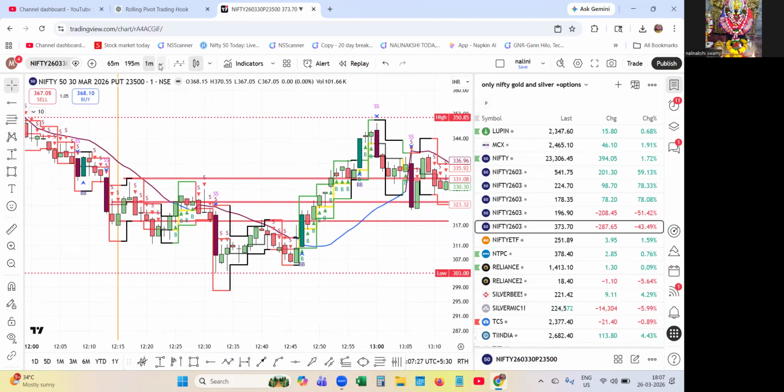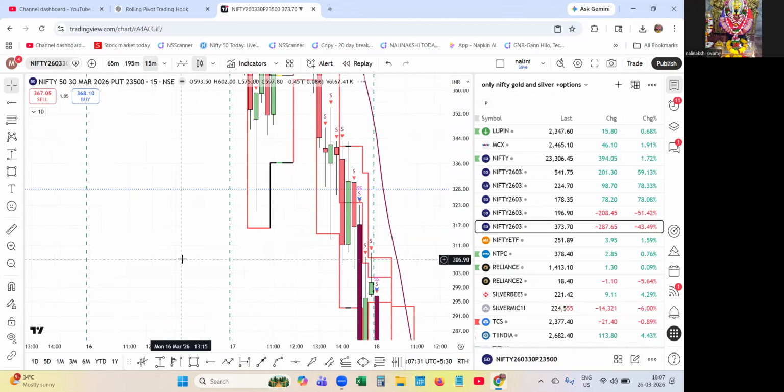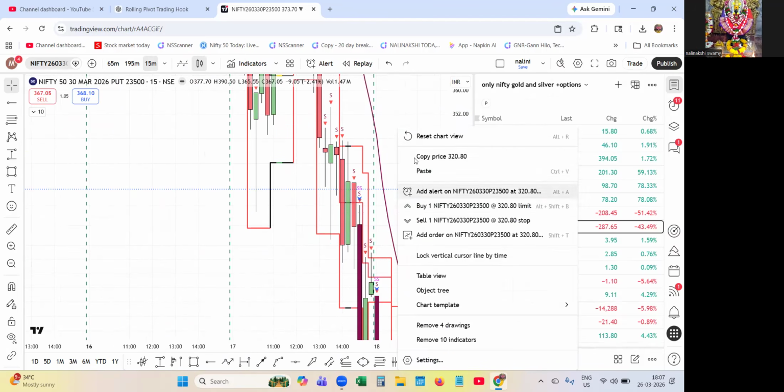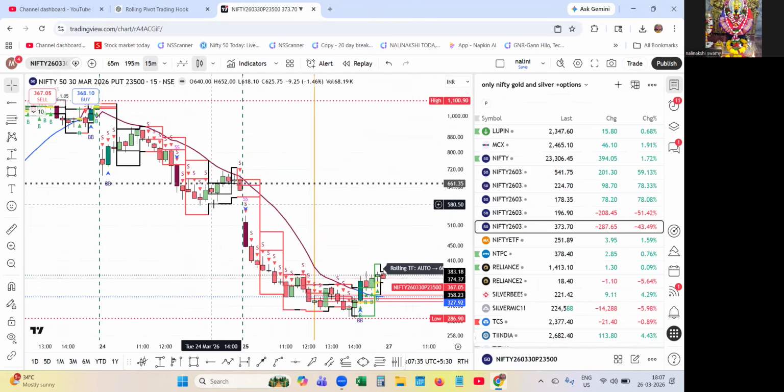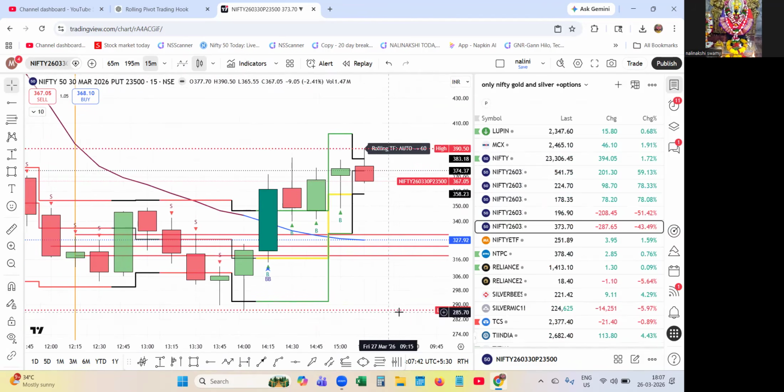Let me be on the 15 minutes. Can you see over here? Transition on this line at the support itself. See the hack.